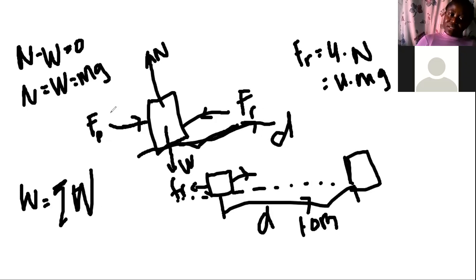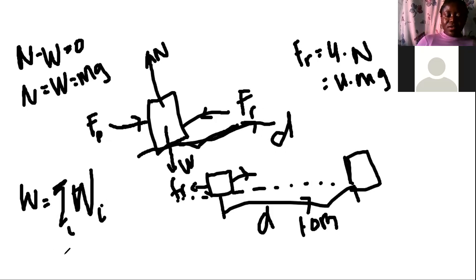The forces that do work here are only the force that you apply as you are pushing, and the frictional force, which opposes the force that you are using to cause the motion. So you are simply summing up all the work done.